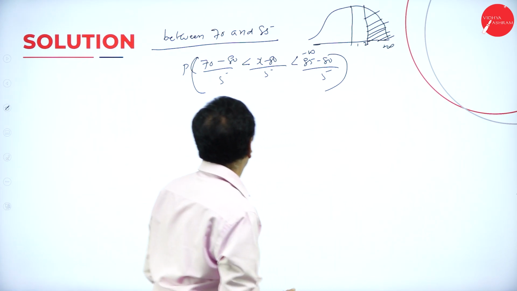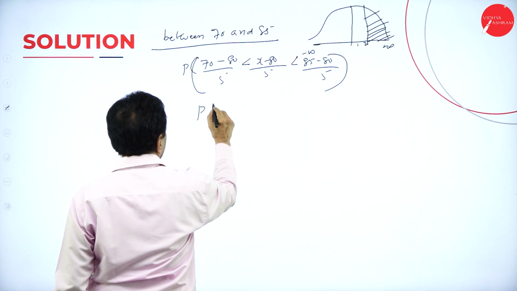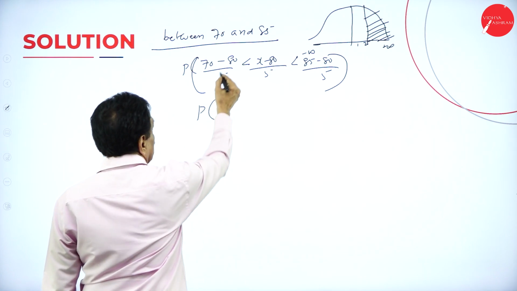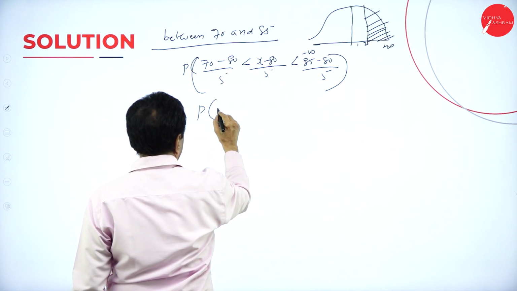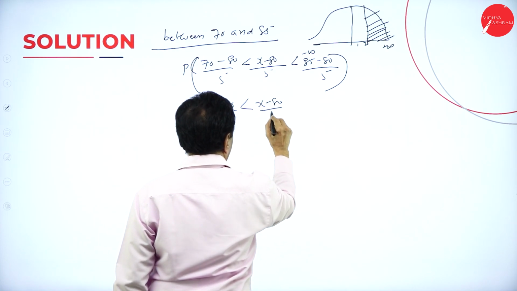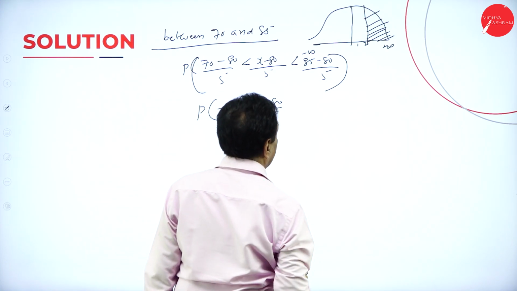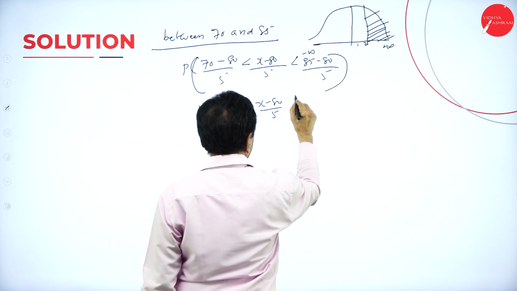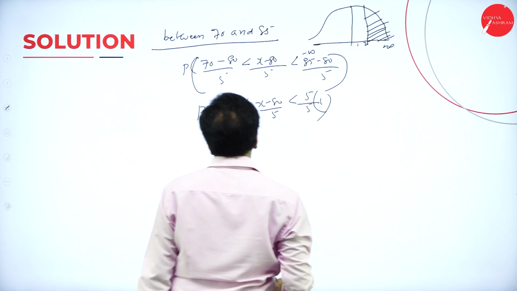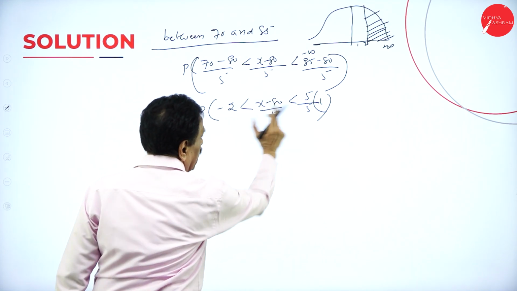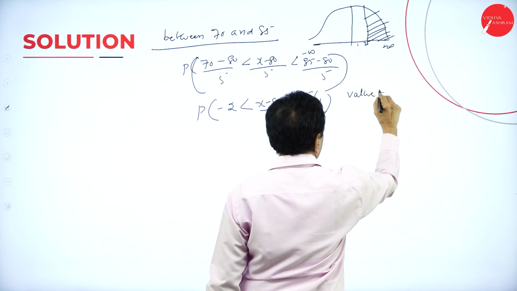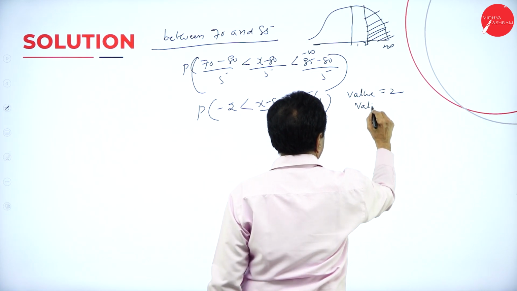So here the value is P. 70 minus 80 is minus 10, divided by 5 is minus 2, less than z less than 85 minus 80, which is 5 divided by 5, this is 1. Here the value is 2, here the value is 1. Minus will not be considered.